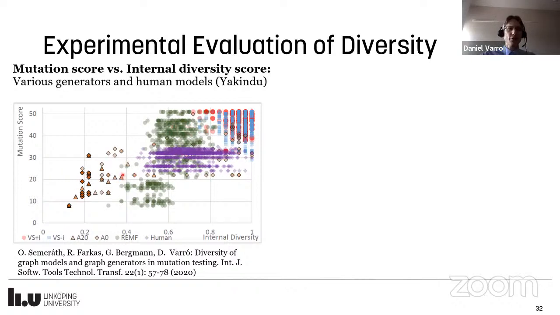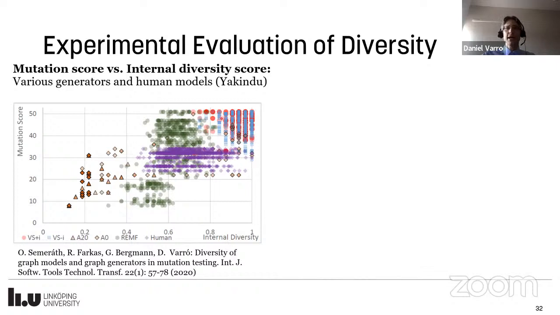And what you find is that in case of logic-based solvers, the diversity of a set of models derived is much smaller than human models, while in case of the Viatra solver, the diversity of the model set, thanks to graph shapes and the other diversity metrics, is much higher than human models.